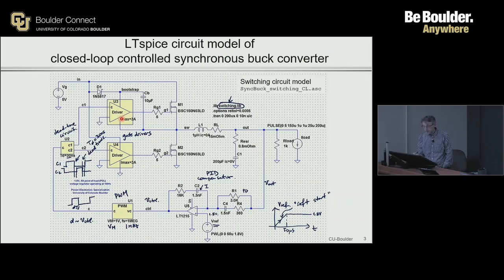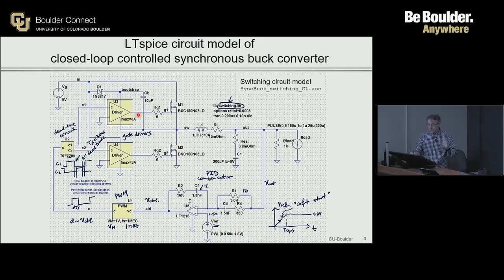The upper side gate driver has the purpose of level shifting that control signal to the upper side MOSFET, because this node right here is moving up and down between 0 and the input voltage. And so the upper side gate driver requires the function of really being able to level shift the control signal with respect to ground to a gate to source drive signal with respect to the source of the MOSFET M1, and that source is swinging up and down as the MOSFETs M1 and M2 are switching.